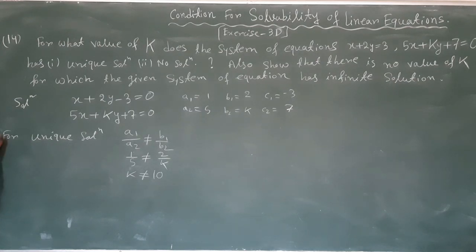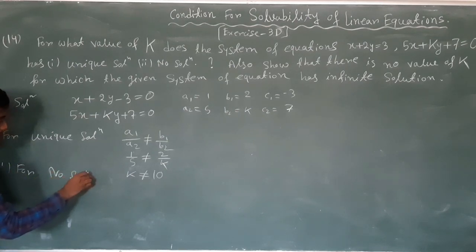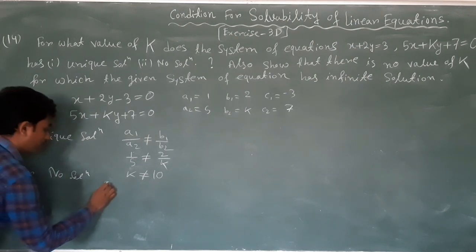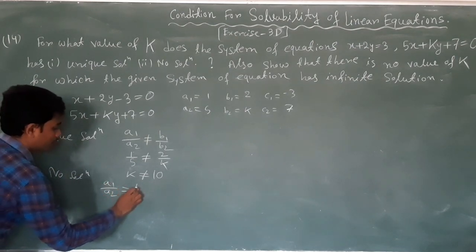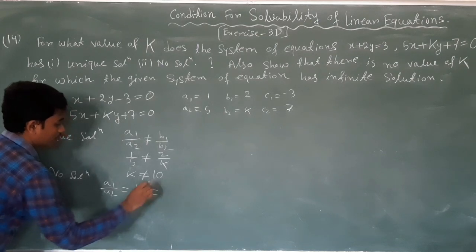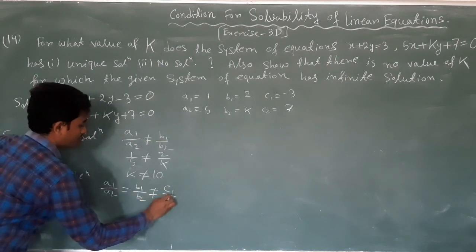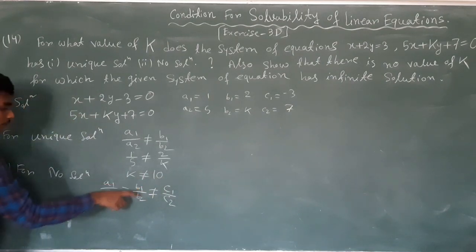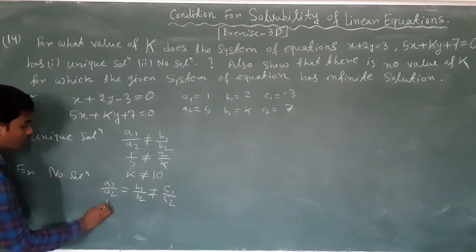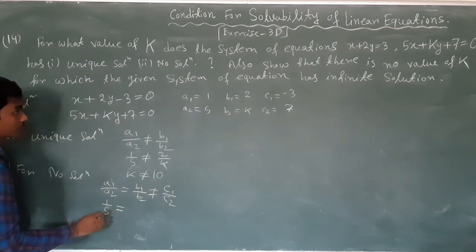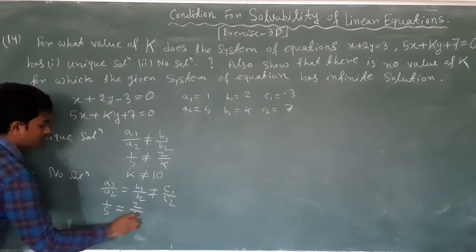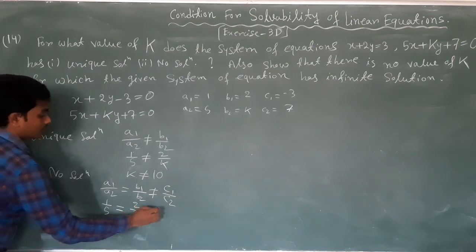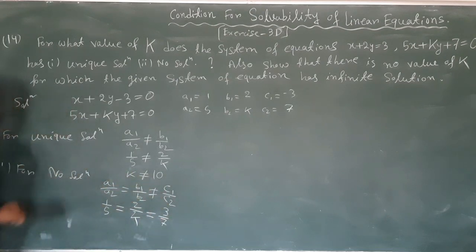And next one, for no solution, A1 upon A2 is equal to B1 upon B2 is not equal to C1 upon C2. Next we put the values of A1, A2, B1, B2 and C1, C2. So 1 upon 5 is equal to 2 upon k is not equal to minus 3 upon 7.